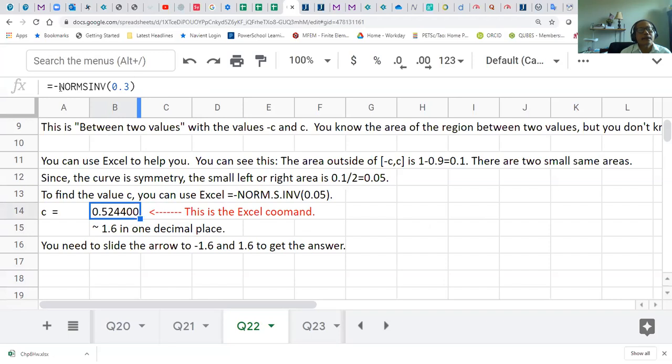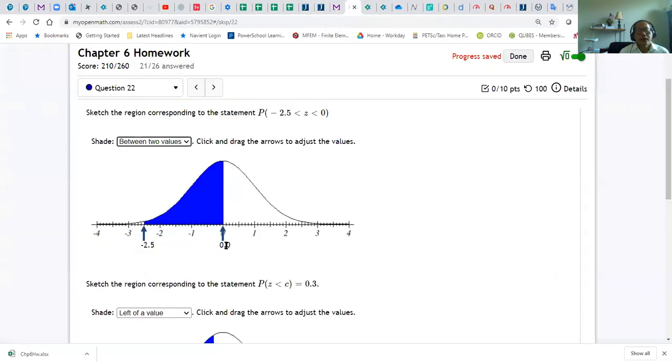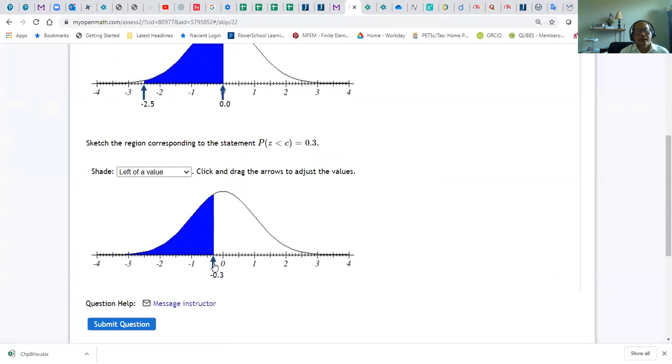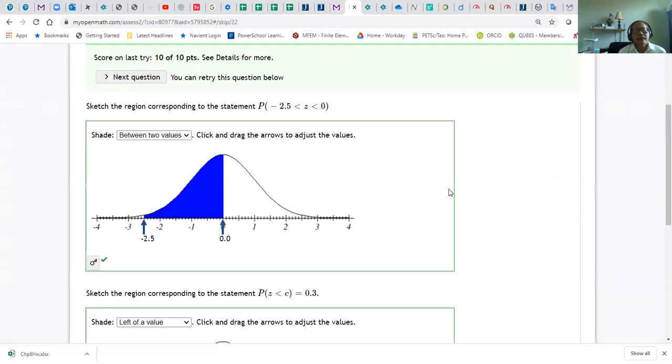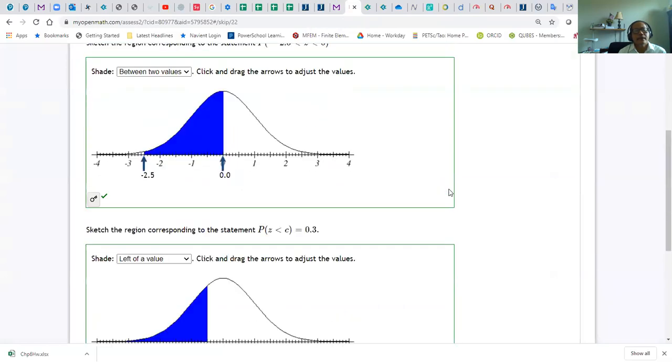So you don't need to put a negative sign there. The point should be 0.5, so you need to move this to 0.5 right there. So this will be the answer. Okay, this is correct.